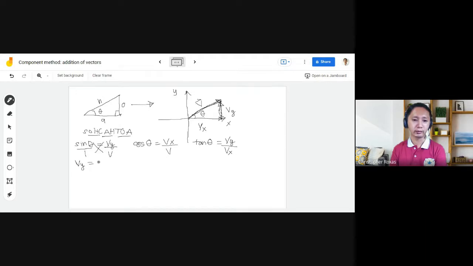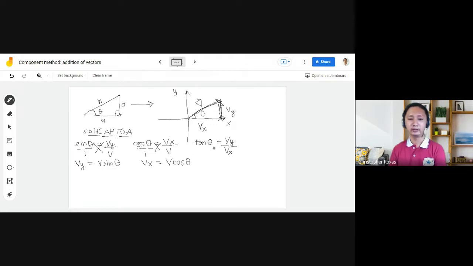So v sub y is equal to v times sine theta. Now let's get the x component. Same here. V sub x will be equal to v times cosine theta. So that's our formula to get the x and the y component.